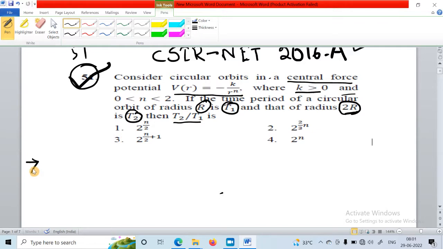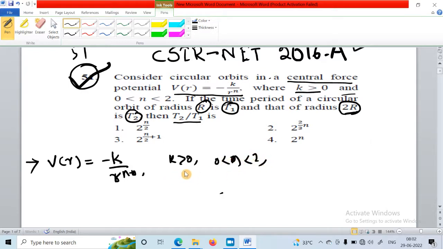So the four steps to solve any physics problem: first, we have to find out what the given data is. The given data is the form of the potential, which is something like this, where k is a positive constant and n lies from 0 to 2, and when the radius is r, the time period is T1.